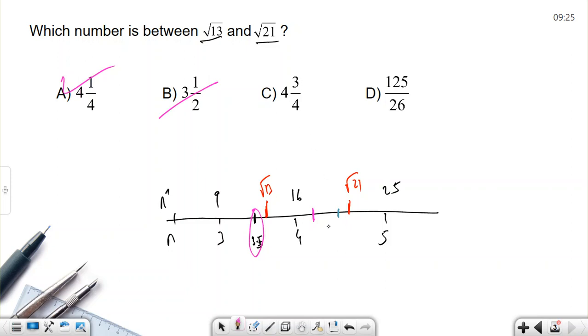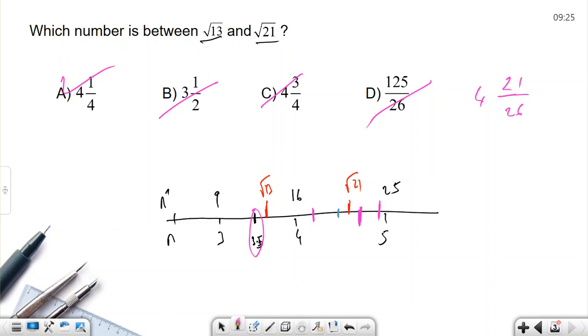4 and 3 over 4 is here, so it's not between the square root of 13 and the square root of 21. 125 over 26 makes 4 and, let's say 125 minus 104, 21 over 26, so it's nearer here. 4 and 21 over 26 is nearer here, so that's not the answer either.